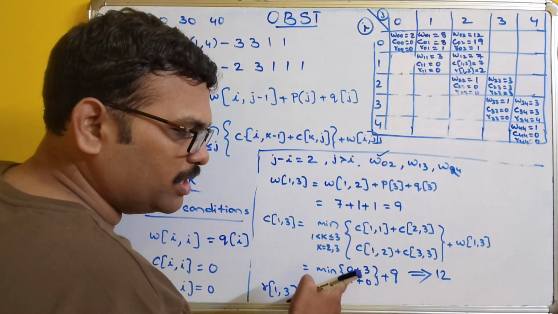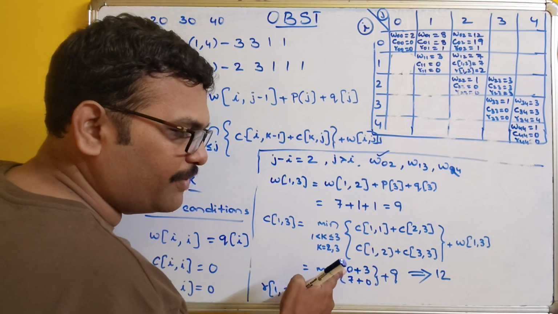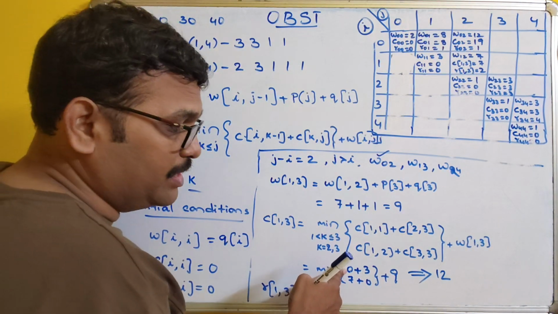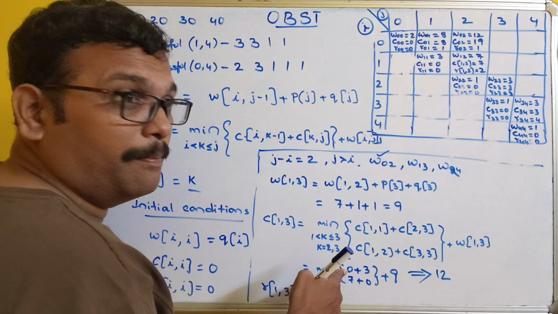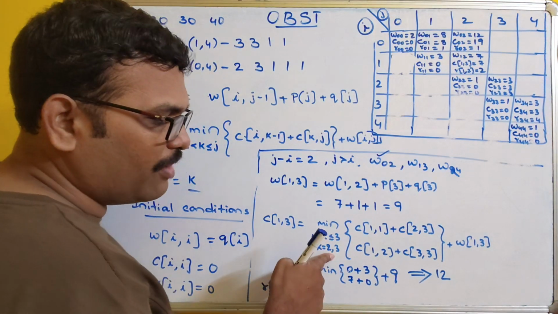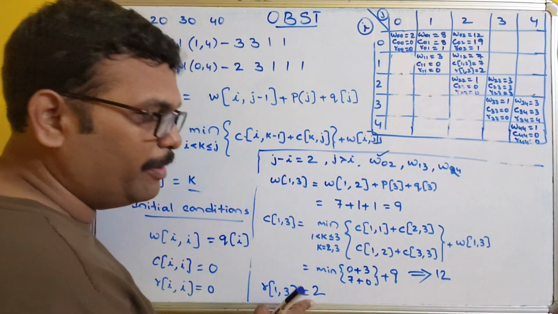Among these two cases we take the first case, because in the first case we get the minimum value. In the first case, what is the k value? 2. So now R13 will be 2.